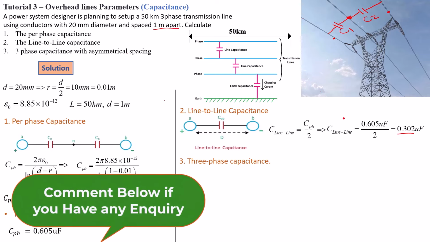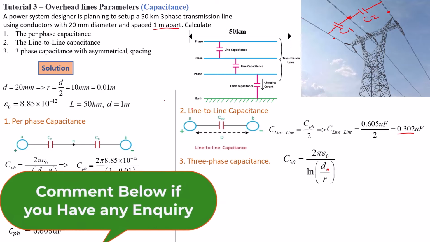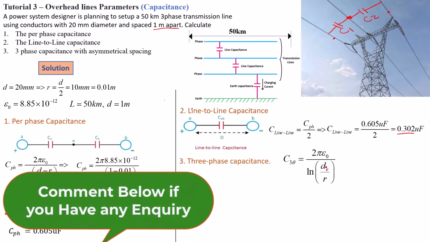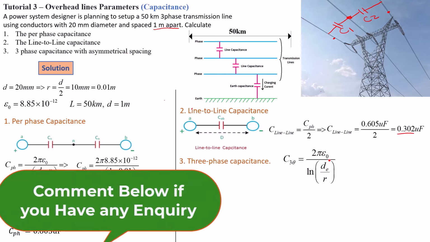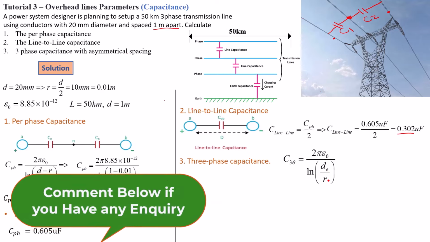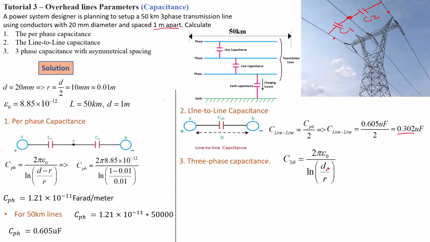Having said that, the formula to calculate the three-phase capacitance of an overhead line is equal to 2 pi epsilon divided by the natural log of De over R, with De being equal to the cubic root of 2D cubed, which takes care of the distance between the conductors. We already talked about this equation in tutorial 2, when we talked about the inductance of an overhead transmission line.